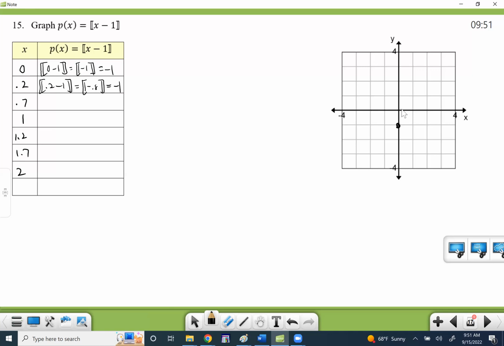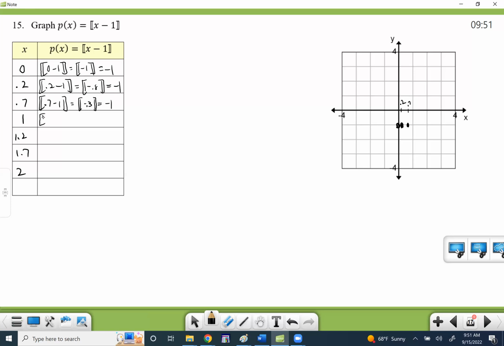So at 0.2, which is right here, let's say that's 0.2, you guys, I'm going to go down here to -1. We substitute in 0.7. 0.7 take away 1 would be -0.3. Round it down, it'll go to -1 again. So at 0.7, we're going to go down again.